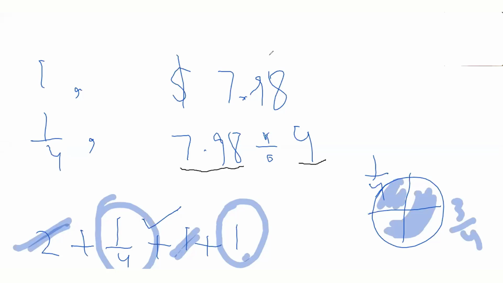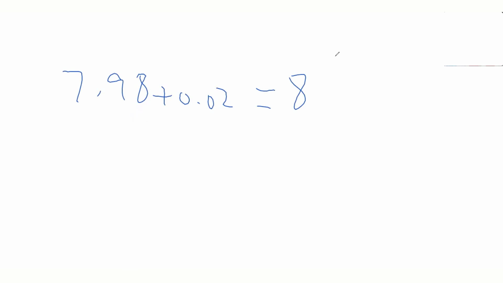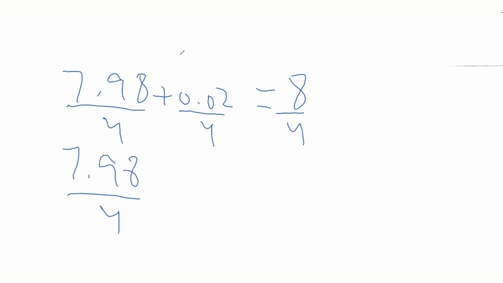Let's do this. 7.98 and 2 cents will make 8. If we divide by 4, this is the thing we are looking for. This is 2 cents divided by 4. 2 divided by 4 is 1 by 2, so this is 1/2 cent.